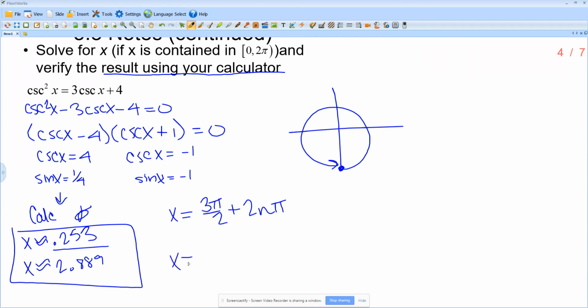So I would get x equals 3 pi halves. And if I added one rotation to this, or one period to this, it would already be outside of that bound. So just x equals 3 pi halves. So three answers here. x equals 3 pi halves, approximately 0.253, and 2.889. Again, these ones, you got to see how to do them in a calculator.